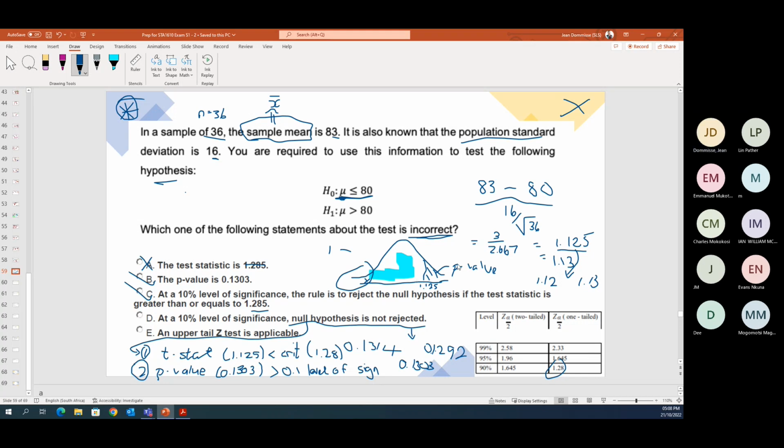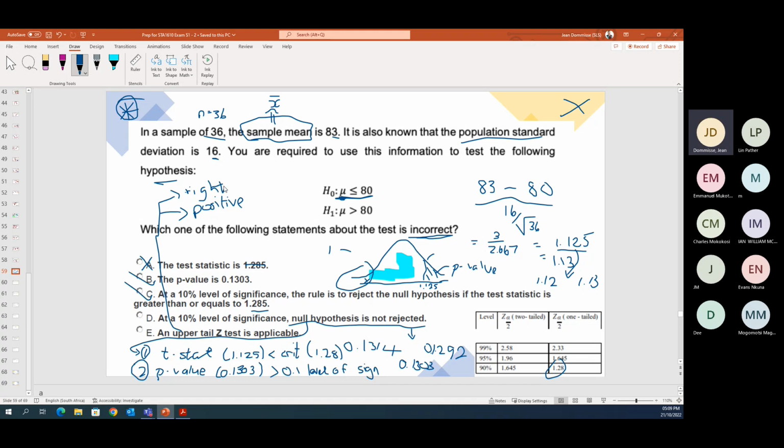So there's three things that they could have used: upper, right, or positive. And if it was referring to the other side, it would have been lower tail, left tail, or negative tail. So just those three.